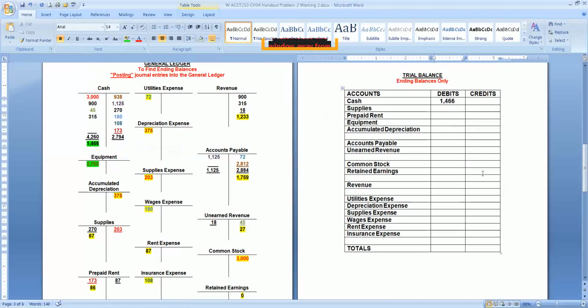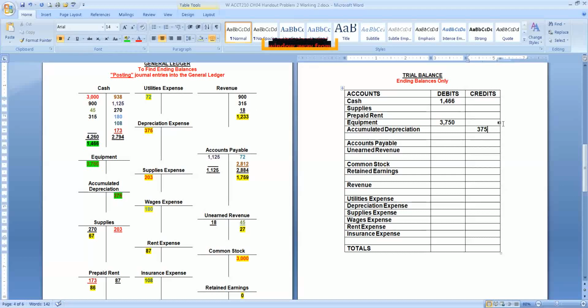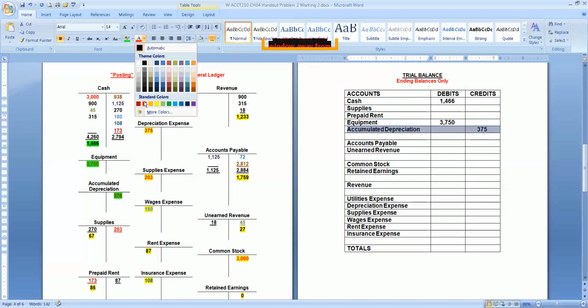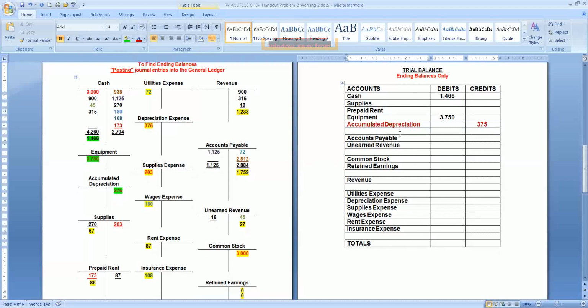Equipment. Accumulated depreciation, equipment. This is the odd one. This is kind of an odd one. We'll talk about that, because it goes against the other equipment. All right, supplies.